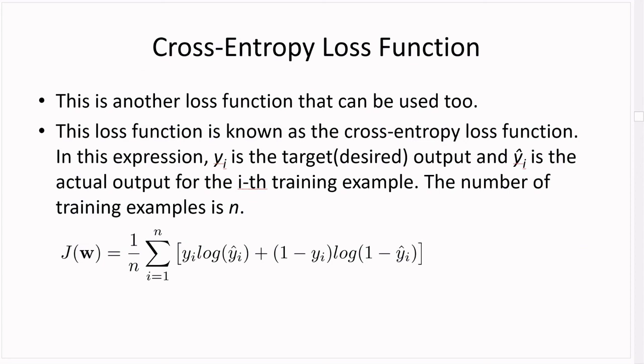The loss function that I used in the earlier slides was the mean square error loss function. We have seen earlier the cross entropy loss function, which is a pretty popular and very useful loss function. So this is another loss function that we can use. And in this case, yi is the target or the desired as before, and yi hat is the actual for the training example. And if you recall your formula for the cross entropy loss, that formula is given as shown on this slide.